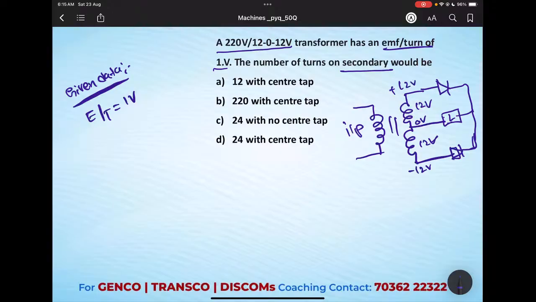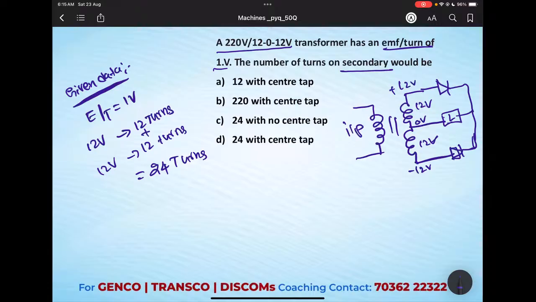So in the given data, the EMF per turn is 1 volt. Then for production of 12 volts we need 12 turns for one winding, and for another 12 volts, 12 more turns are required. As two windings are there in the secondary, we need 12 turns plus 12 turns. The total turns in the secondary side is going to be 24 turns.